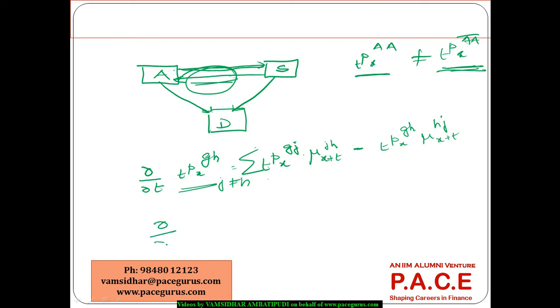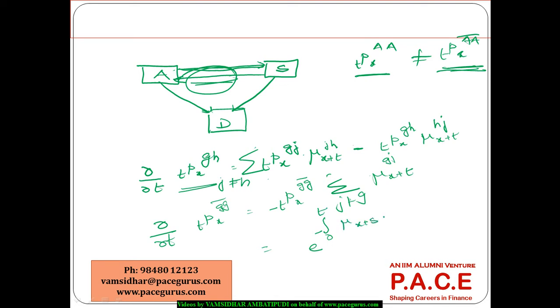Whereas for GG, if I am looking at TPX GG bar, we know that it is nothing but minus TPX GG bar times the sum over J not equal to G of mu x plus t GJ. And this would have resulted in a closed form solution, e to the power of minus the integral from 0 to t of mu x plus s GJ ds.